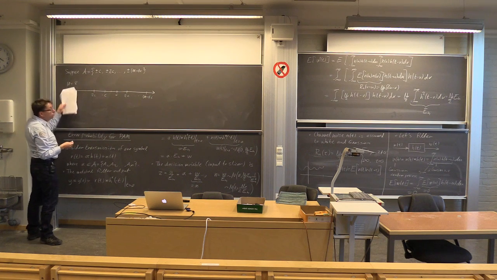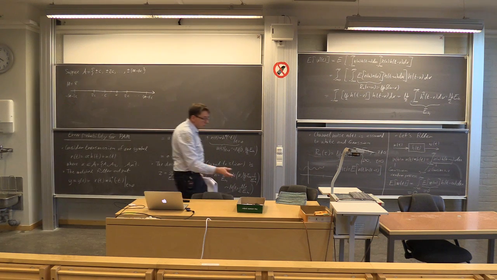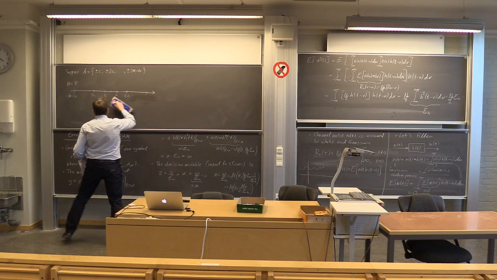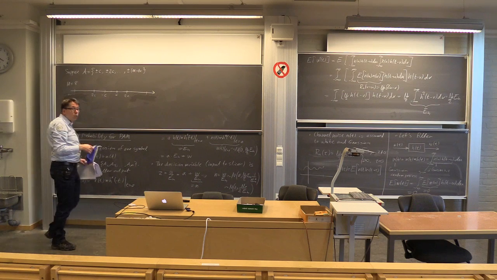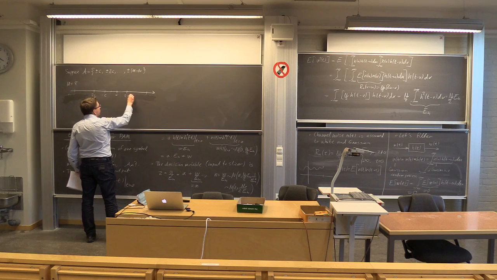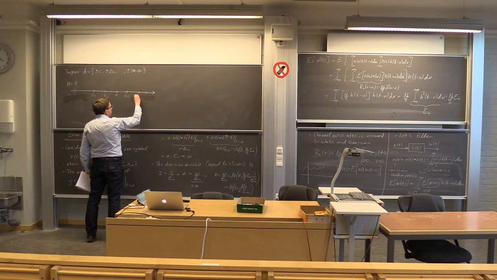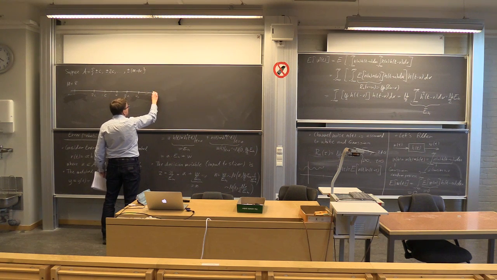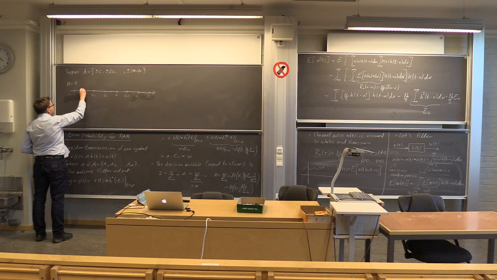Now I wanted to do this for 8, just to make things a little bit more concrete. And if there are 8 points, there should be 4 points on each side.